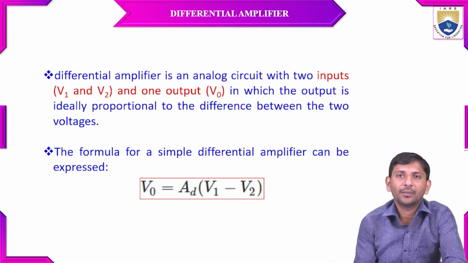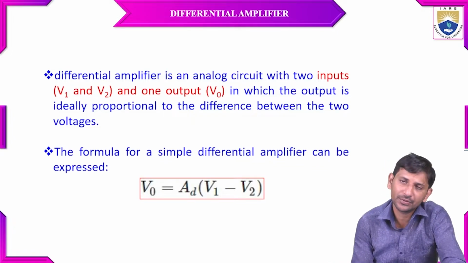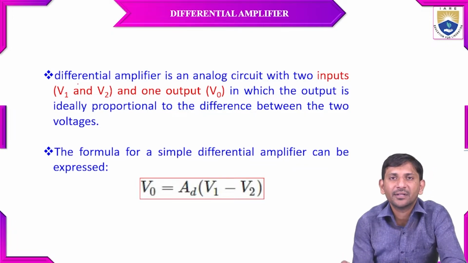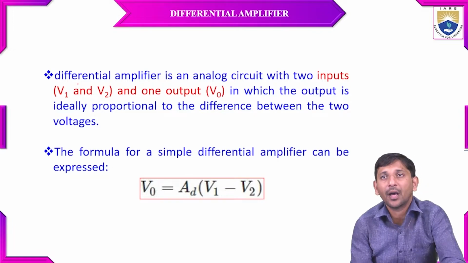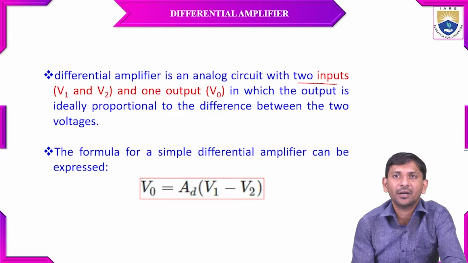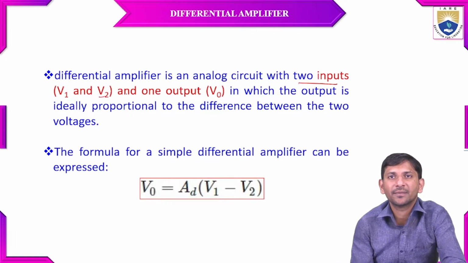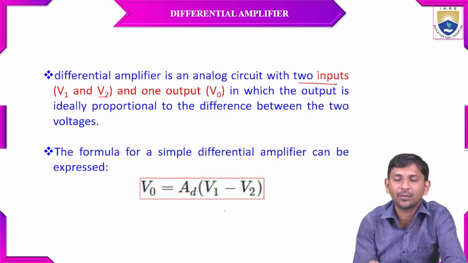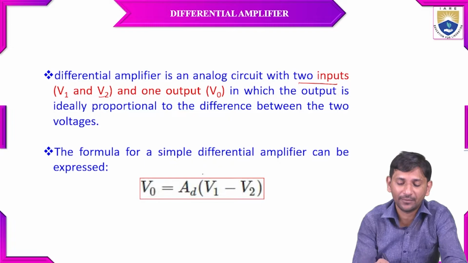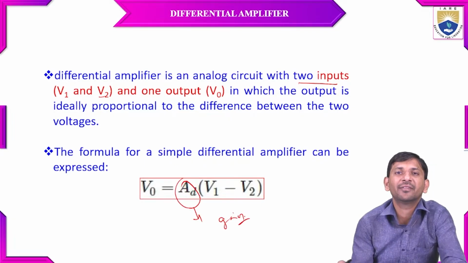If you observe, the other definitions are the same. The differential amplifier is an analog amplifier circuit with two inputs, V1 and V2, and the output V0 is equal to V1 minus V2, along with AD, which is the gain of the amplifier circuit.